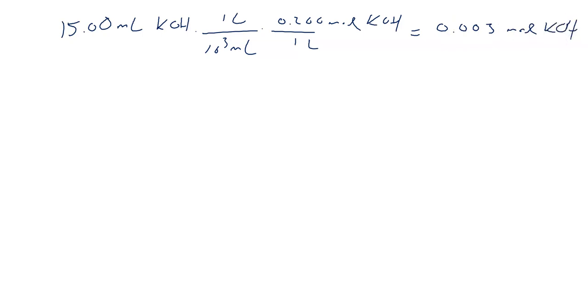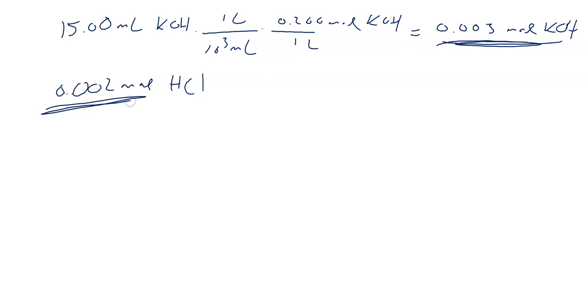And remember, we originally had 0.002 moles of HCl. So we're going to add more KOH than we had acid to react. So it's going to completely react, and I will quench all of my acid, and then I'll have some leftover KOH. Right? If I add 0.003, it reacts with 0.002. I have 0.001 moles of KOH remaining.